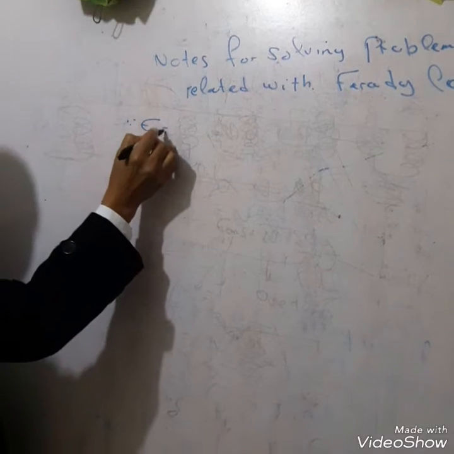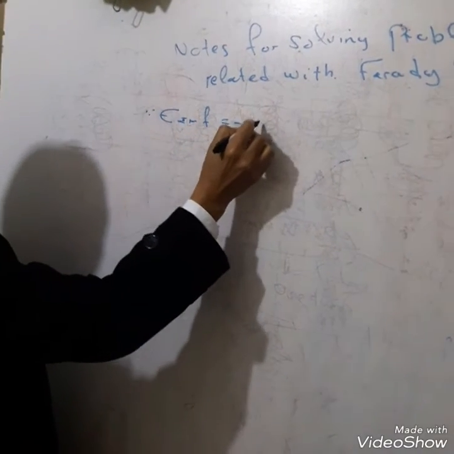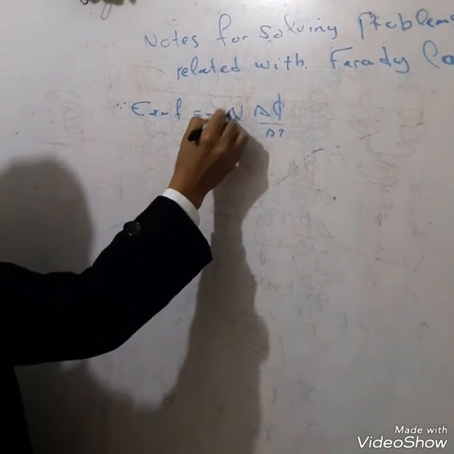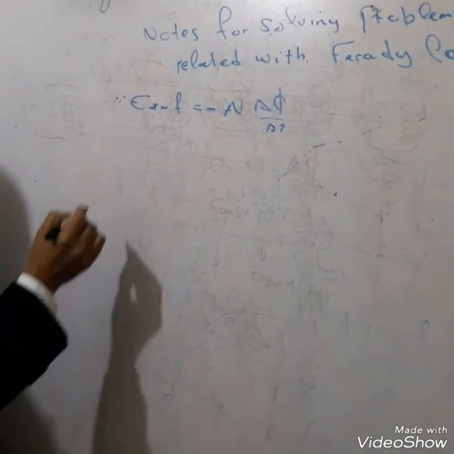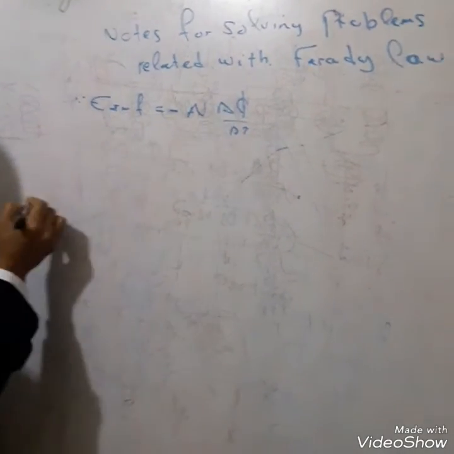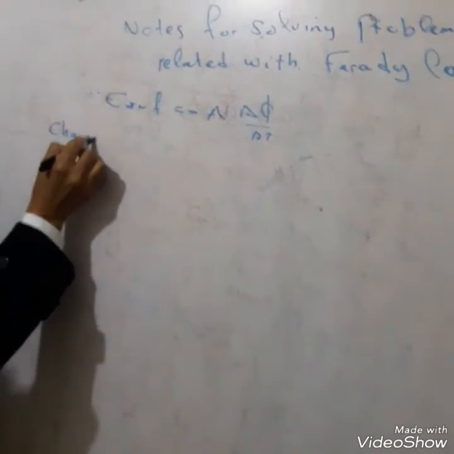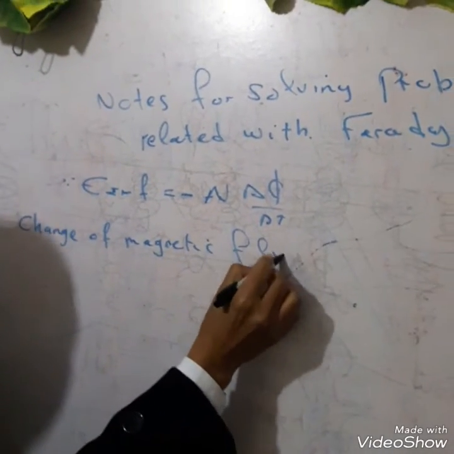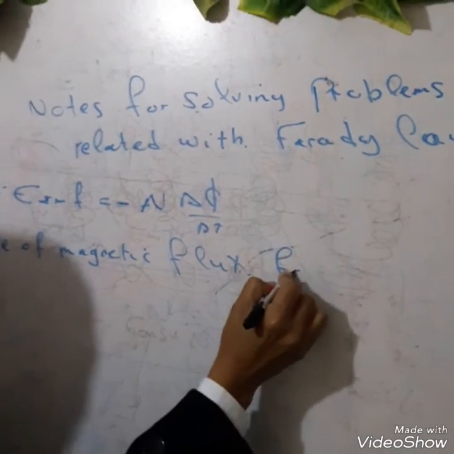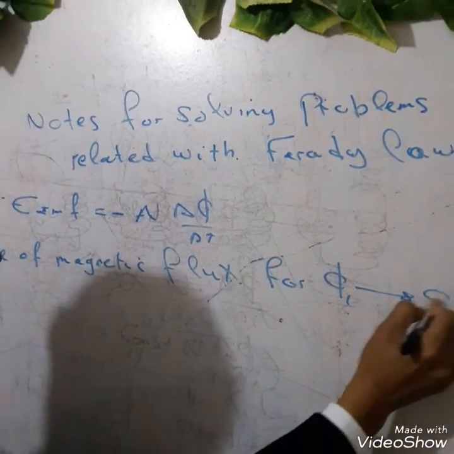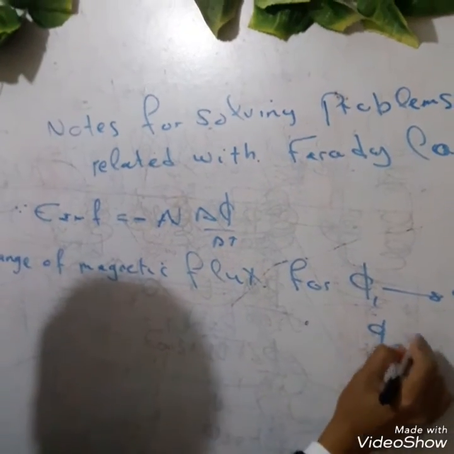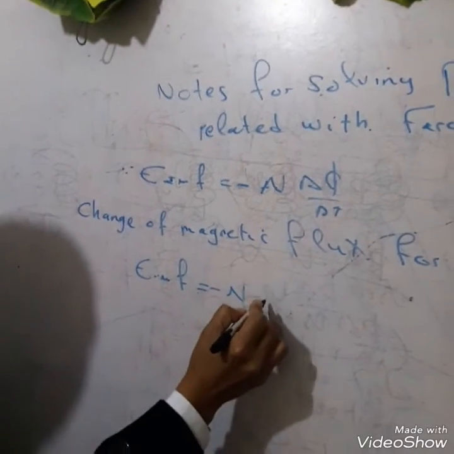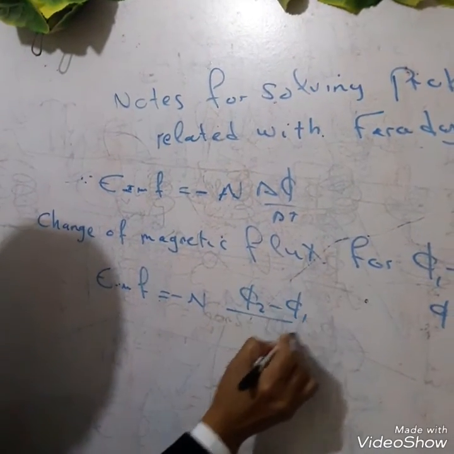Since EMF equals negative N delta phi over delta T, if you have a change of magnetic flux from phi 1 to phi 2, meaning phi 2 is greater than phi 1, I substitute EMF equals negative N times phi 2 minus phi 1 over delta T.